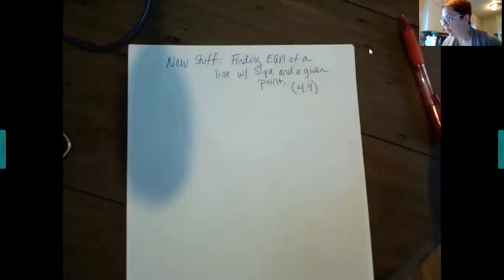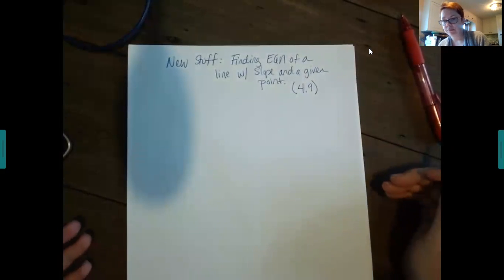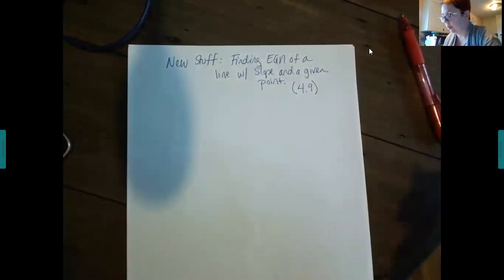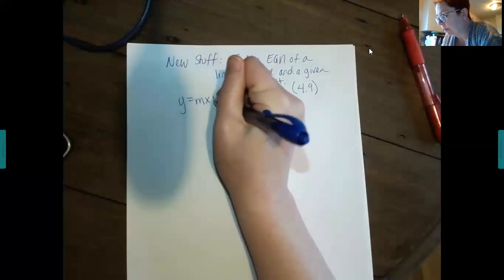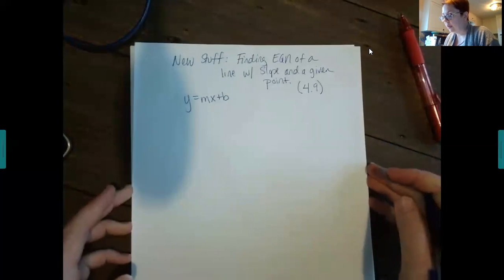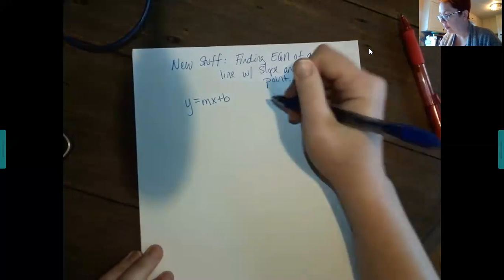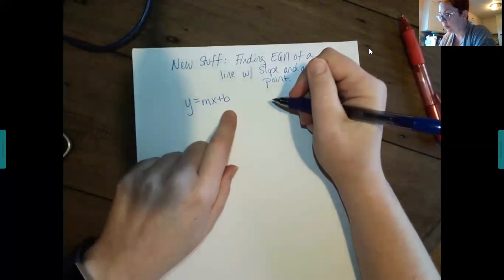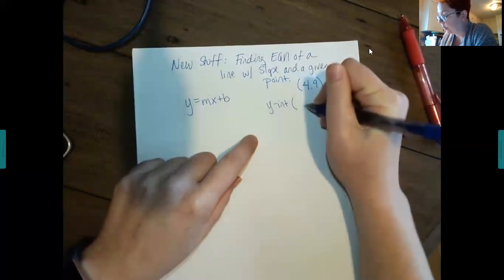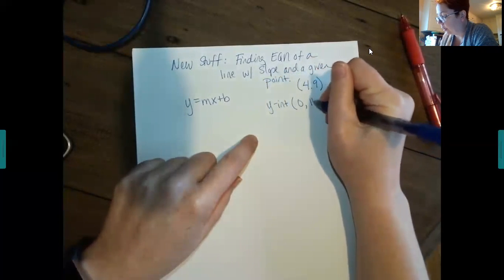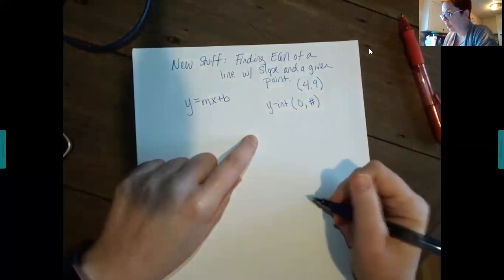They still want the answer in slope-intercept form, so they want it to be y equals mx plus b. If you're given a point that has the y-intercept, then you know it's the y-intercept if your x value is 0 and you just have some number there.